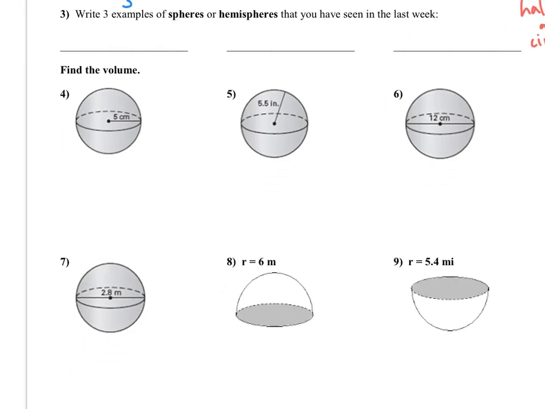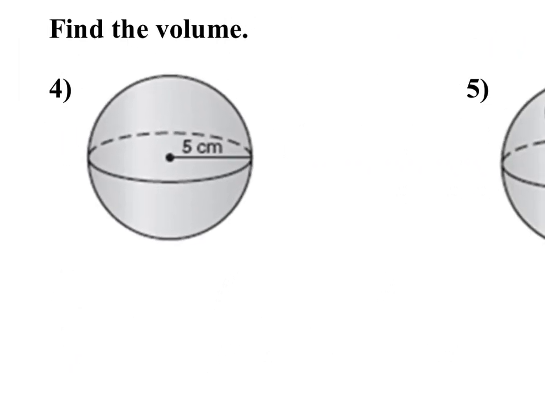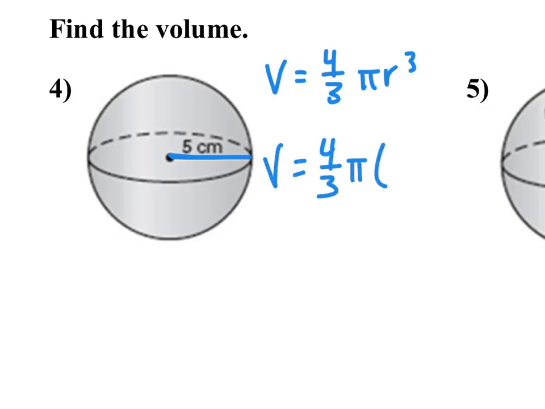Let's start with number 4. So this is a full sphere, right? We're not just finding half of it, we're finding the whole thing. So the volume is 4/3 pi r cubed. The only thing we need to figure out is what r is, and you can see from this picture that r is 5. So volume equals 4/3 pi times 5 cubed.